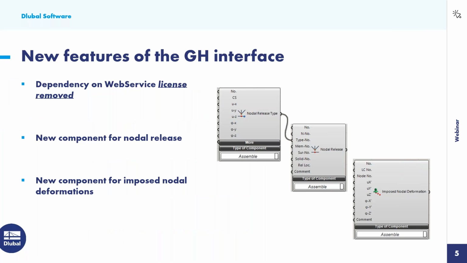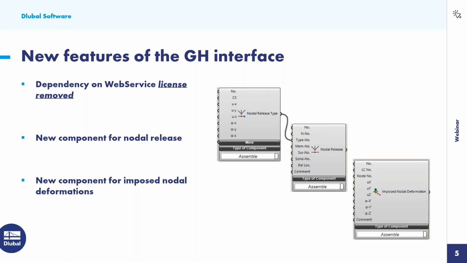So what are the new features that we have implemented since the last webinar? An important change that we made is that we have gotten rid of the dependency on the web services license. This is no longer needed to use the Grasshopper Rhino interface. We have also implemented new components for nodal releases and also added a new component for imposed deformations.